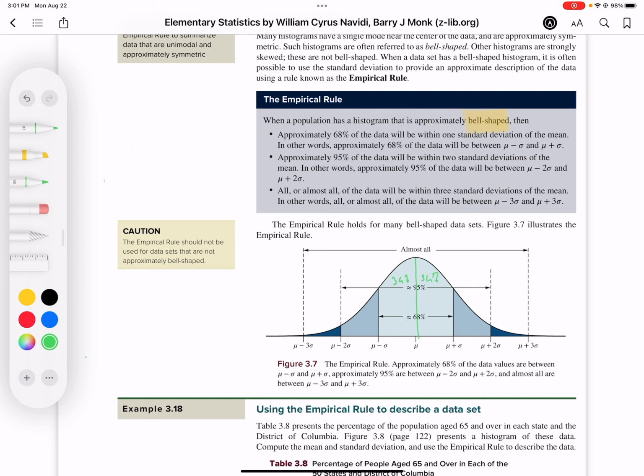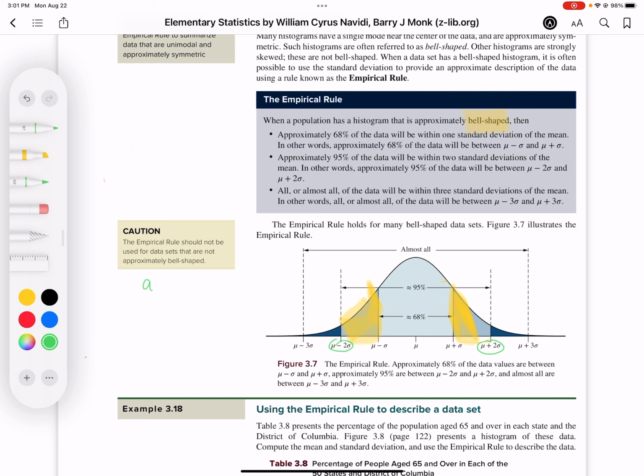Now if we go two standard deviations from the left and from the right, we have 95%. That is the whole thing here. If we subtract the middle one, we get the leftover, which is this part and that part.